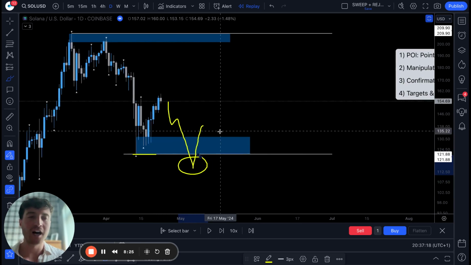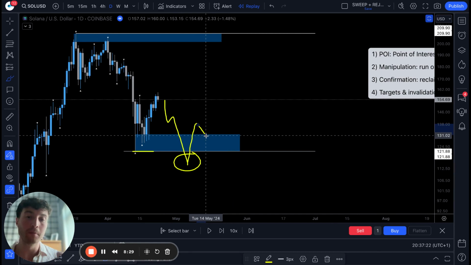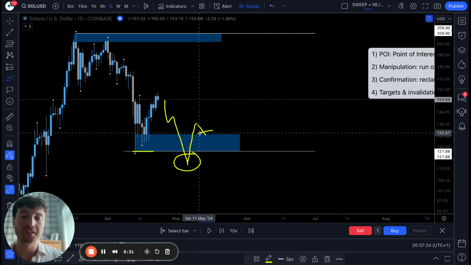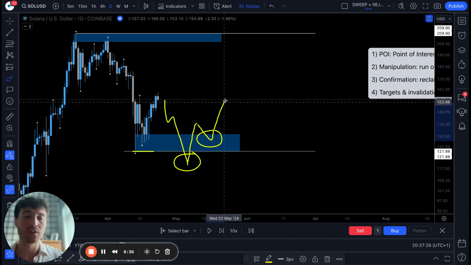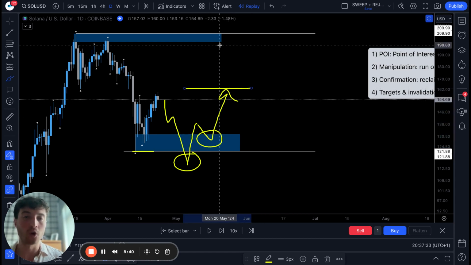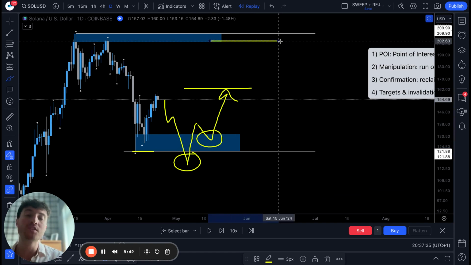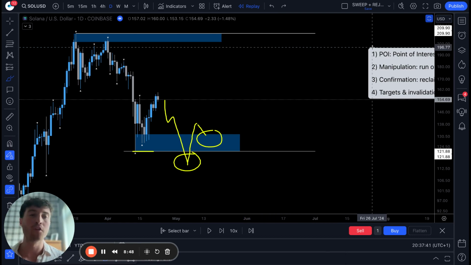Essentially, we want to see the bulls, or people looking to long this market, reclaim this area here, and then we can look to target the mid-range as a first target, and then ultimately back up to the highs, which will be your ultimate target, the top end of the range.